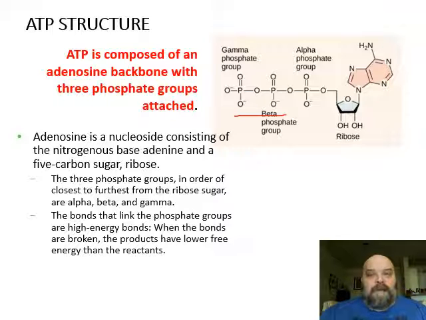Those 2 phosphates. This bond right here, putting phosphate to phosphate, took a bit of energy because phosphates don't want to play well together. This bond, putting that 3rd phosphate on there, that took a lot of energy.